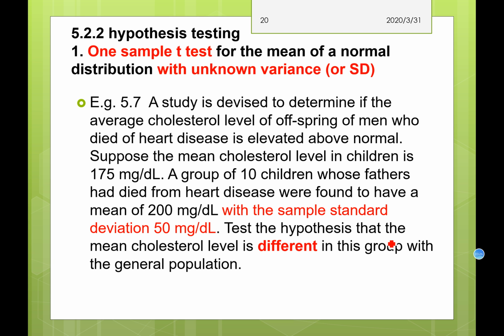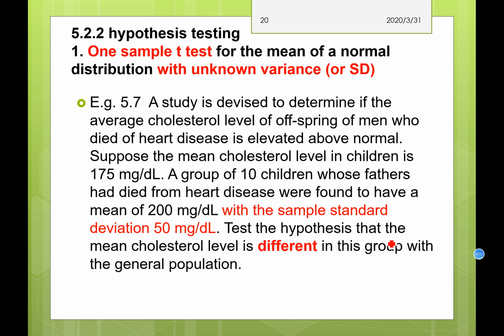Suppose the mean cholesterol level in children is 175. A group of 10 children whose fathers had died from heart disease were found to have a mean of 200 with the standard deviation 50. Test the hypothesis that the mean cholesterol level is different in this group with the general population.